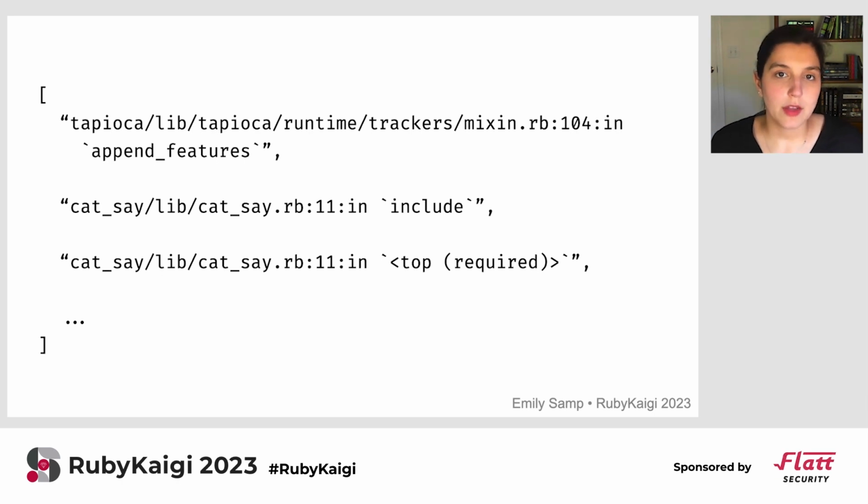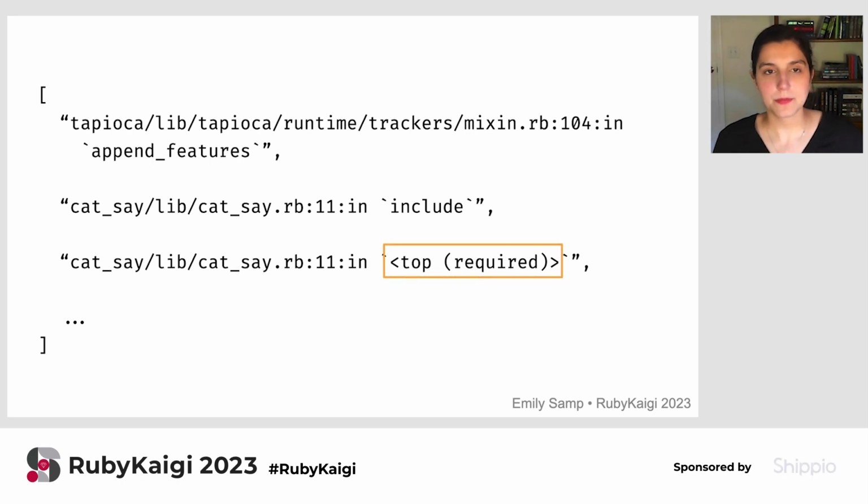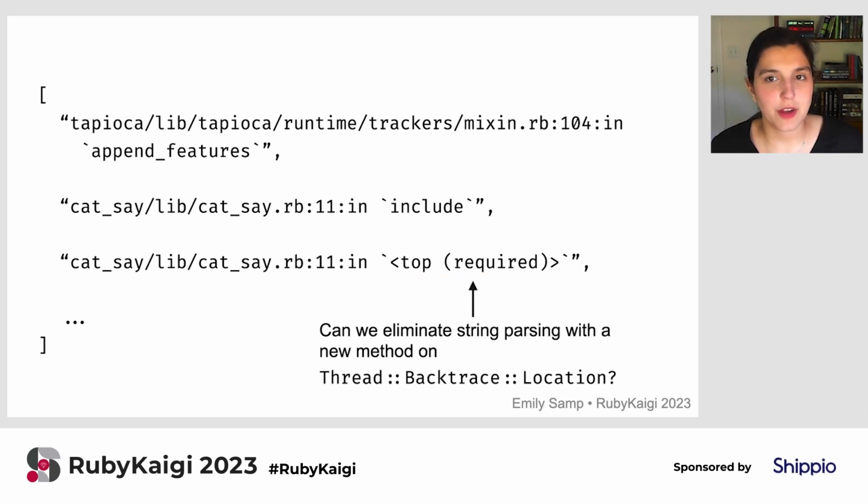As you'll remember, in order to find the correct location for the dynamic mixin, Tapioca currently parses the responses of caller_locations to find the top require tag within the backtrace. What if there was a method on the Thread::Backtrace::Location object that let us know whether a certain location represented a require?